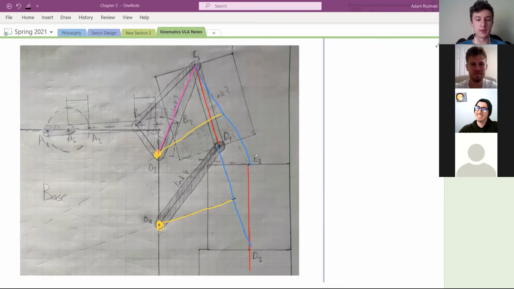So in position 1, it'll be here. In position 2, it'll be here, right? So we need to add a dyad to limit its motion basically from C1 to C2. Now, the approach I took was turning this link into a ternary link.